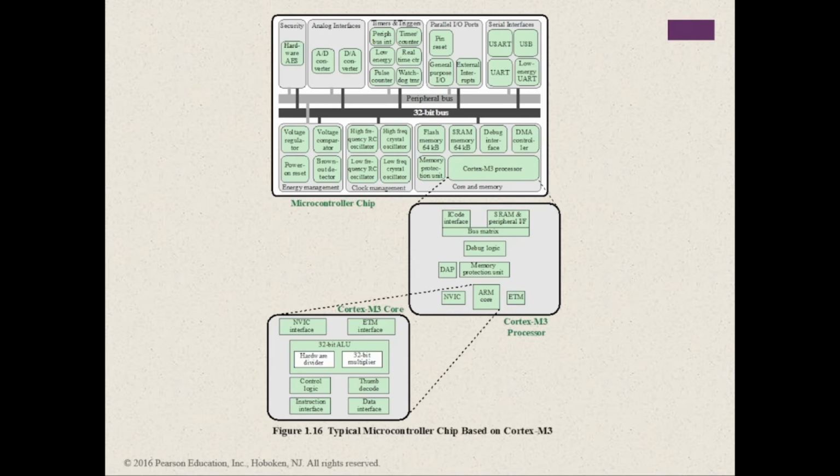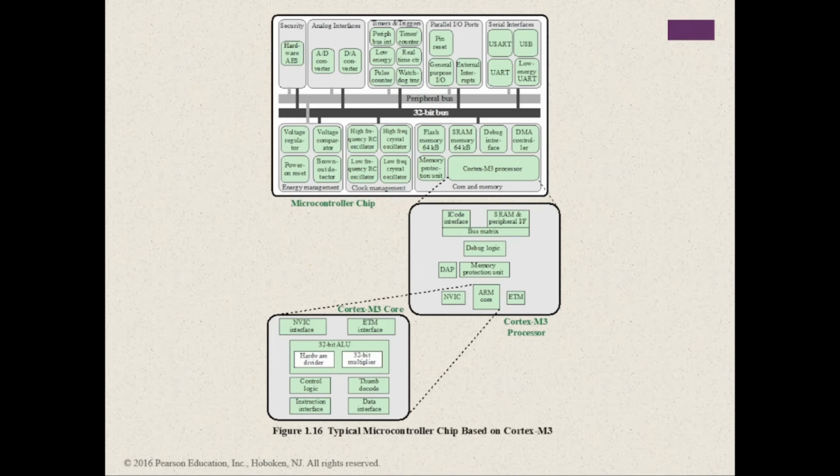The ETM is designed to be a high-speed, low-power debug tool that only supports instruction trace. Next we have the Debug Access Port, or DAP. This provides an interface for external debug access to the processor. Next we have the debug logic. Basic debug functionality includes processor halt, single-step, processor core register access, unlimited software breakpoints, and full system memory access.